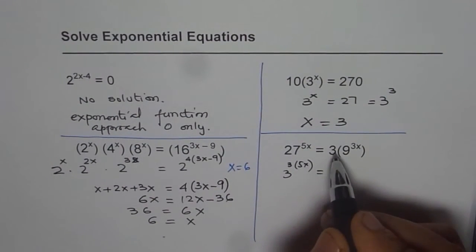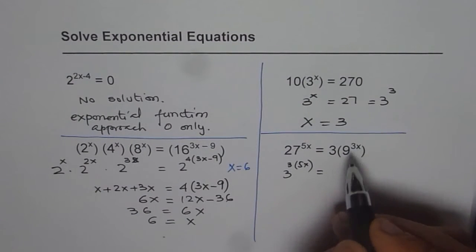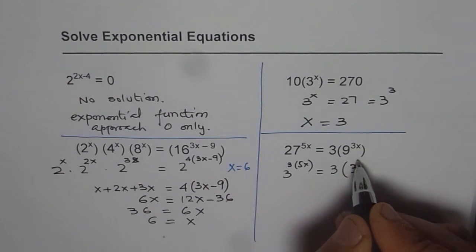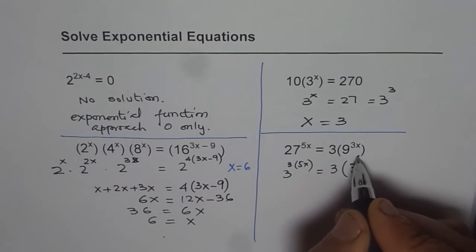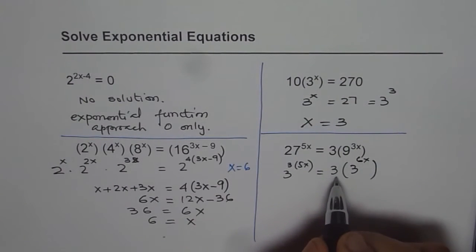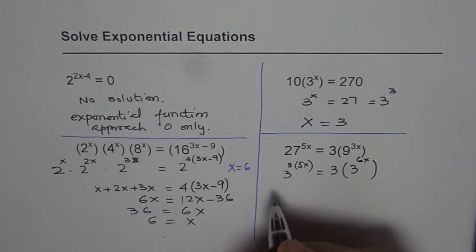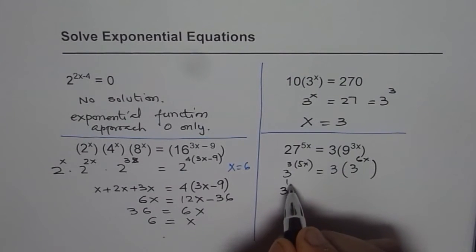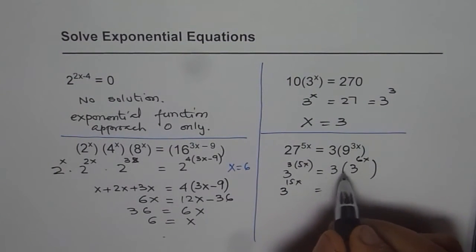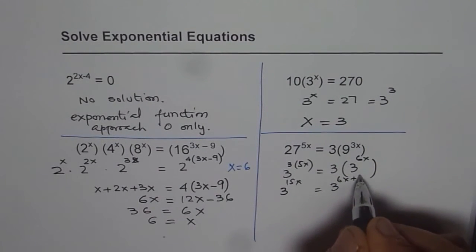In this case, we have 3, and 9 could be written as 3 squared, right? So we have 3 times 3 squared, that means 2 times 3x, let me write 6x here, correct? Now, 15x, multiplying 3 with 5x. Here, they are multiplied, so it gets added up. 3x, 6x plus 1, correct?